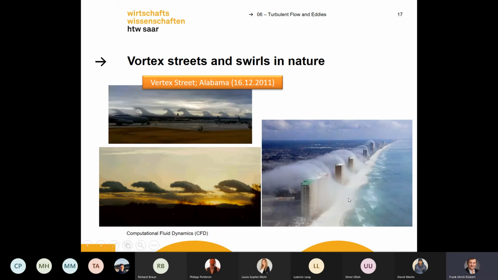And here you also see sometimes these swirls are really big. They can even go over the houses here and cause swirls. Okay, and you can imagine for these houses, it's really important to calculate it, to make a simulation of the swirls, because you do not want this to happen.